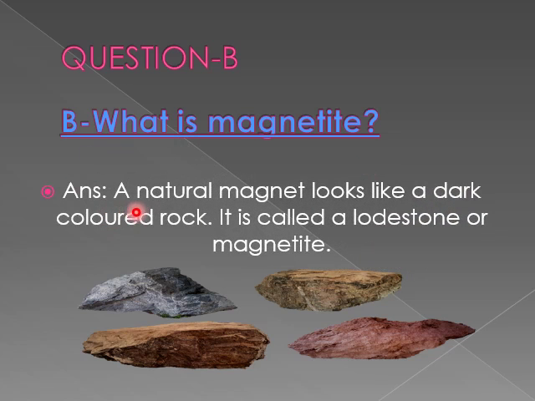A magnetite is a natural magnet that looks like a dark colored rock. It is called a lodestone or magnetite. So, what is a magnetite, my dear students? A natural magnet that looks like a dark colored rock, called a lodestone or magnetite.